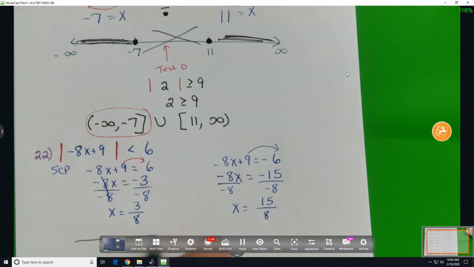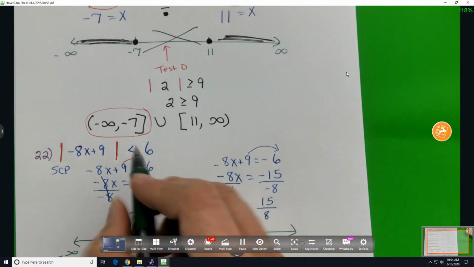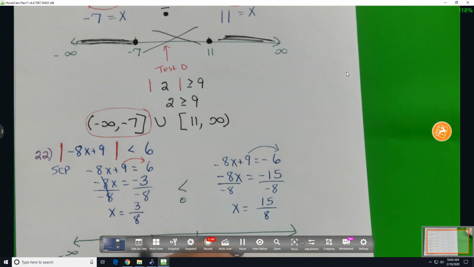And how am I going to label these numbers, open or closed circles? Open. There's no equal sign, so it's open circles. Since they both have the same denominator, it's pretty easy to figure out which one's going to be the one to the left. 3 is smaller than 15. So this one's 3 over 8, 15 over 8.